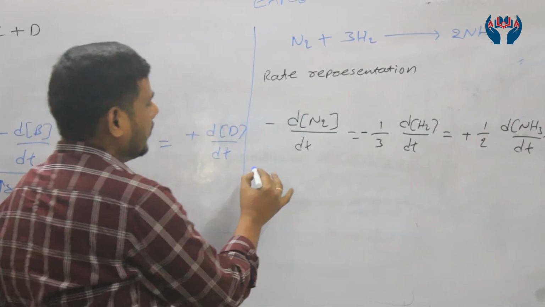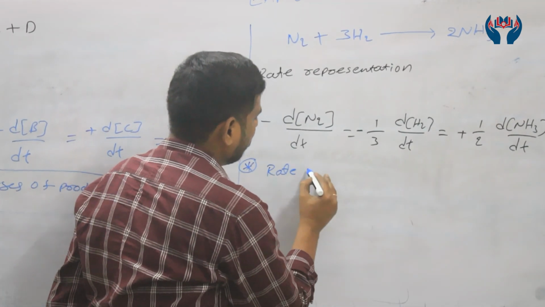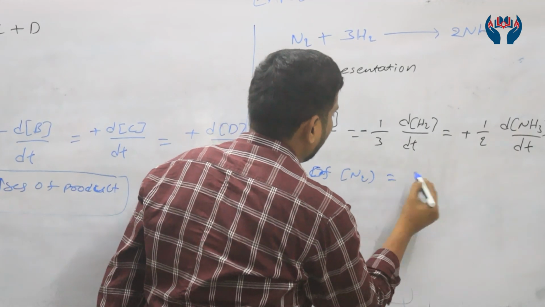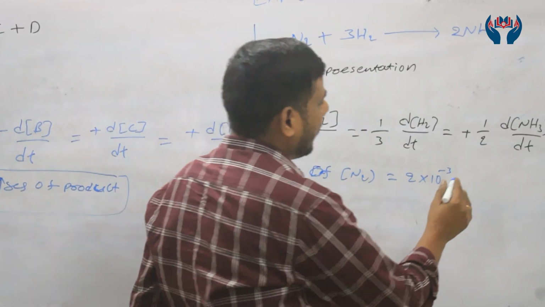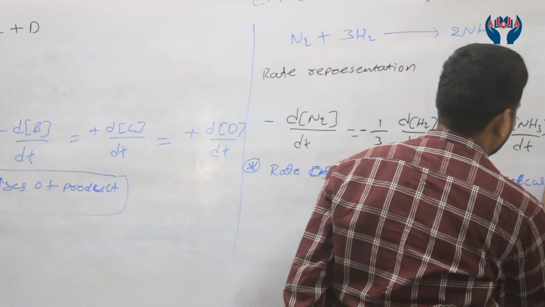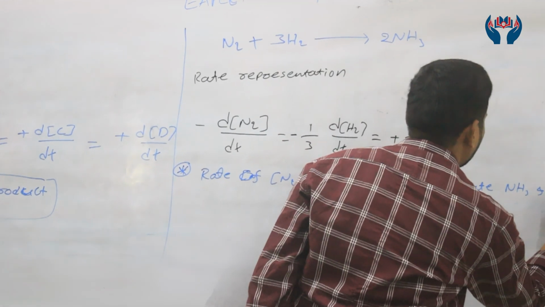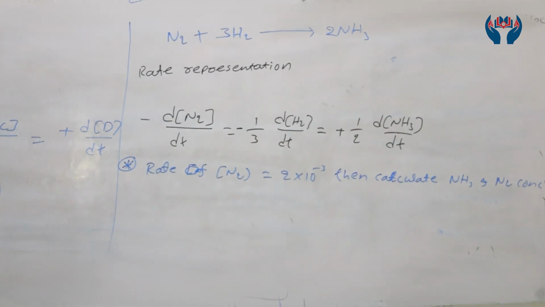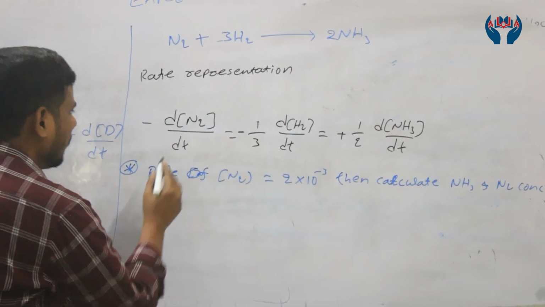For example, in this problem, the rate of N2 equals 2 into 10 to the power of minus 3, and then calculate the NH3 and H2 concentration rates. What is the relation?